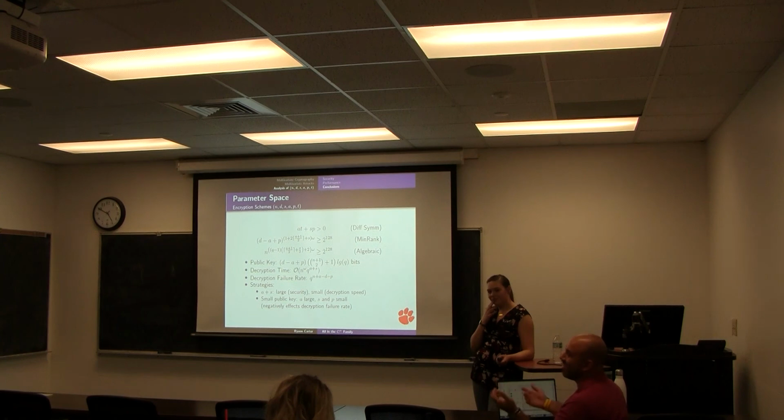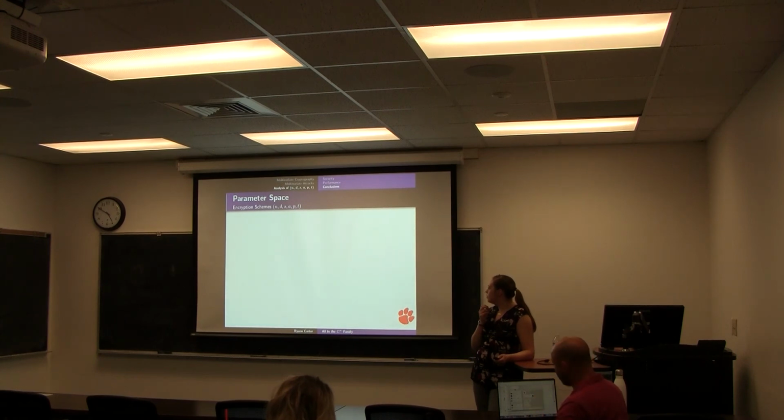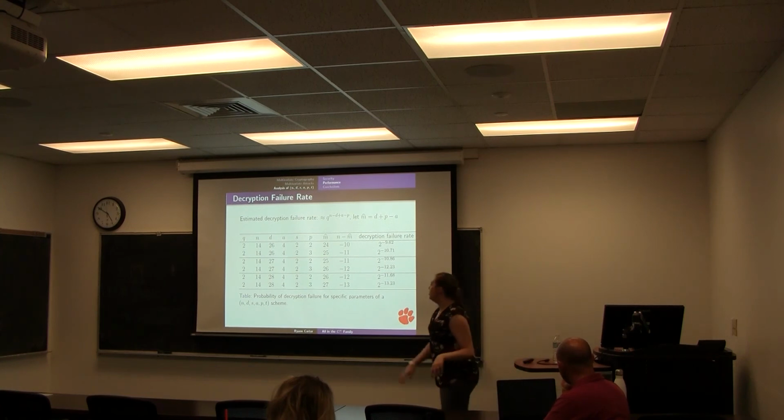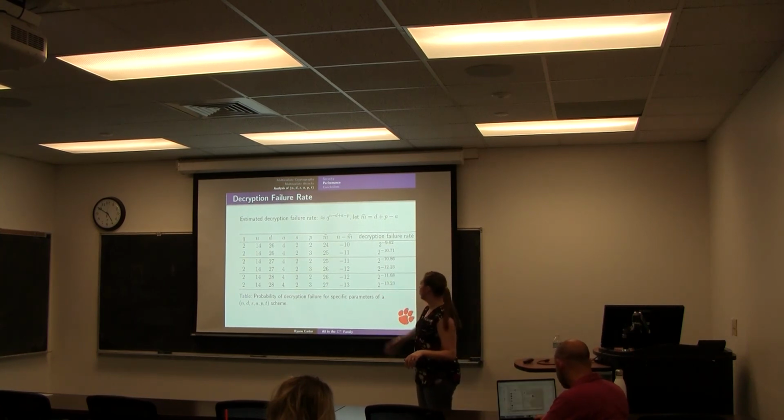So the fact is that you choose q equal to 2, right? Yes. Which are the values for the other parameters, like A, S? The ones in the table. Well, I just realized this is just for the decryption failure rate. These are some small ones that we could do with the decryption failure rate.